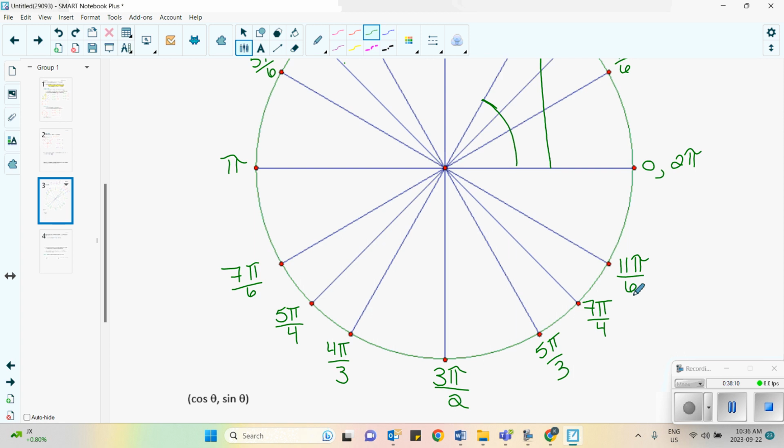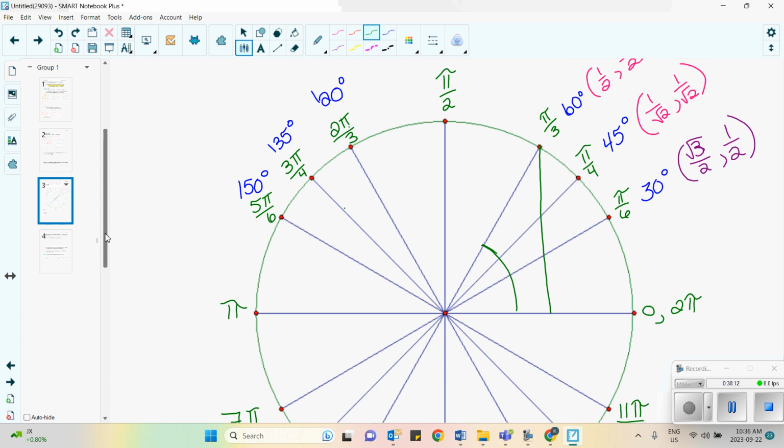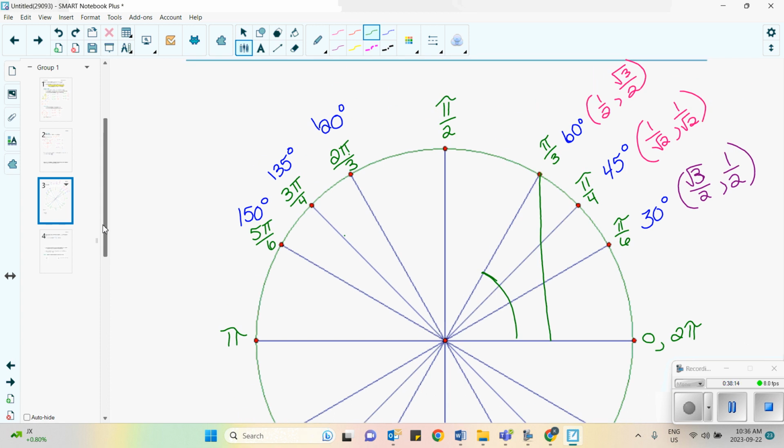Okay. Now, here's where we get to do the coordinates for all of them. What do we know about the x coordinate in quadrant 2? It's negative. So really, it's going to be these coordinates again, but you need to know where you are on the coordinate plane, and we know that all of our x coordinates in quadrant 2 will just be negative.